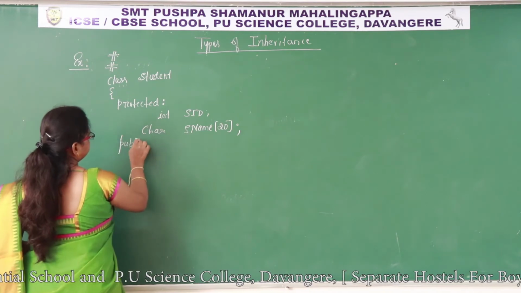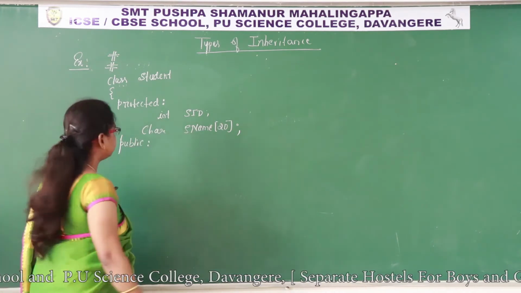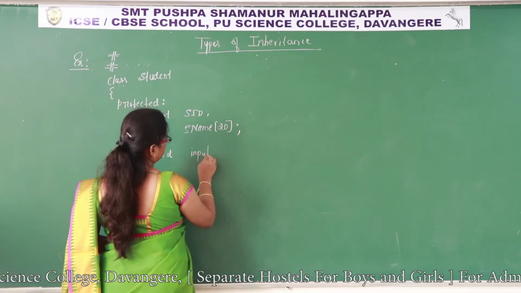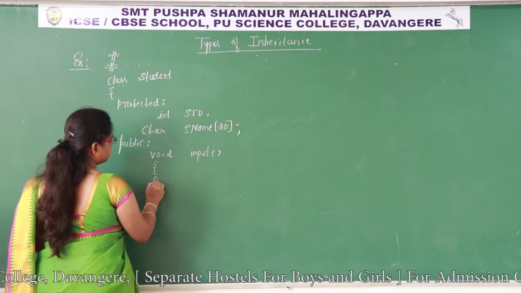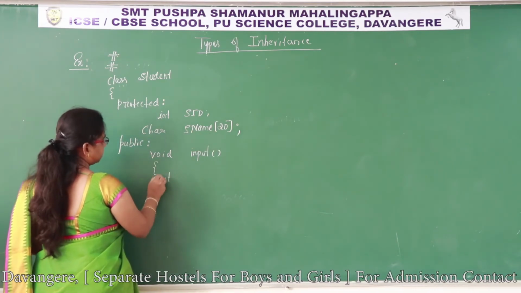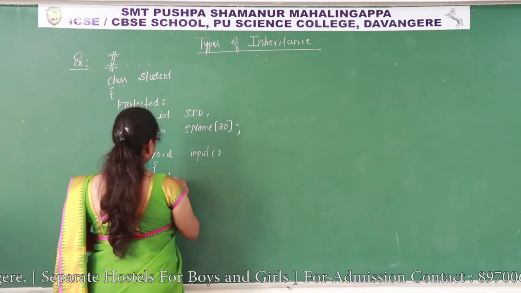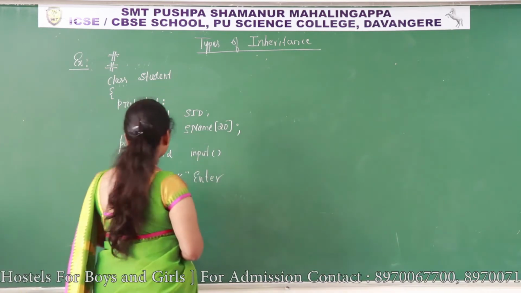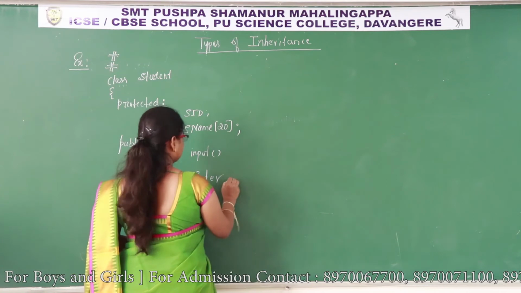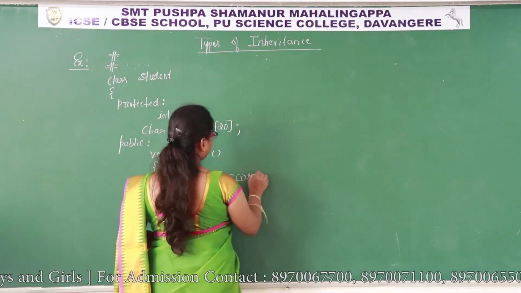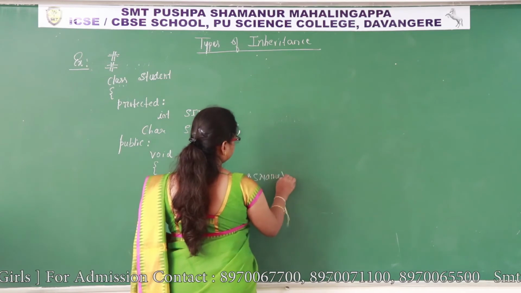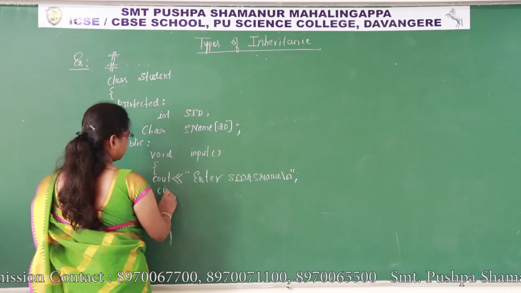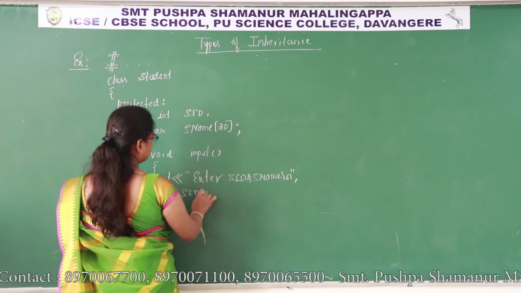Public colon, void input, cout enter student ID and student name, cin extraction SID, SName.